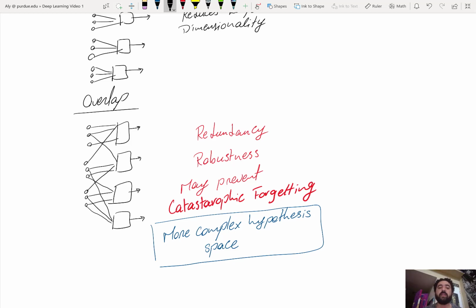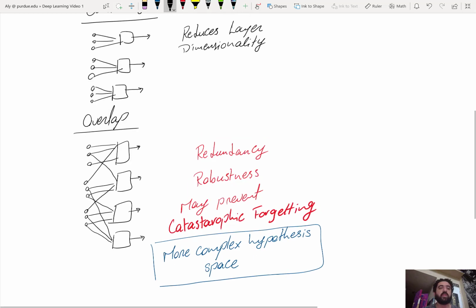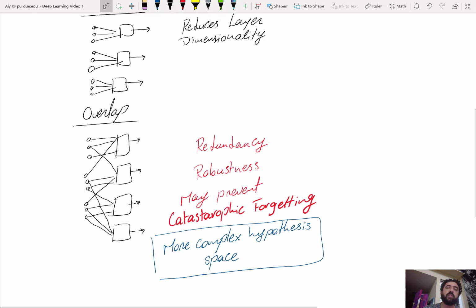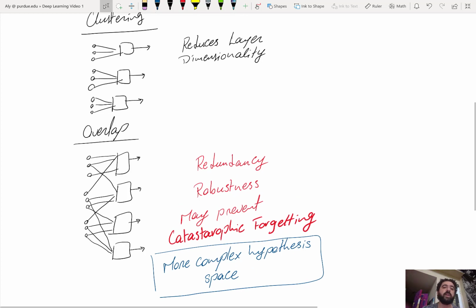But of course, the cost is a more complex hypothesis space. Here it's not necessarily the case that the number of Maxout units will be less than the number of units in the layer before. It can be slightly less, it can even be more. So we lose the advantage of the aggressive reduction in dimensionality that we get through clustering.